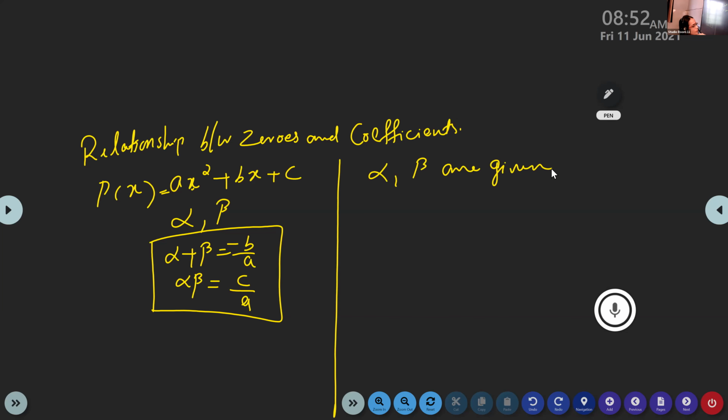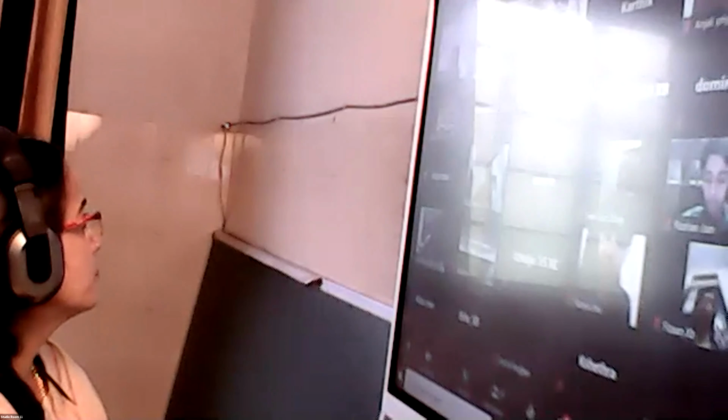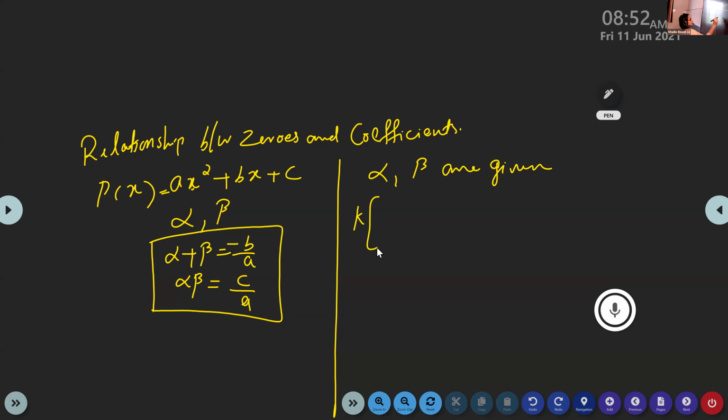How can we form the polynomial if alpha and beta are the zeros? It is k into x square minus alpha plus beta into x plus alpha beta.